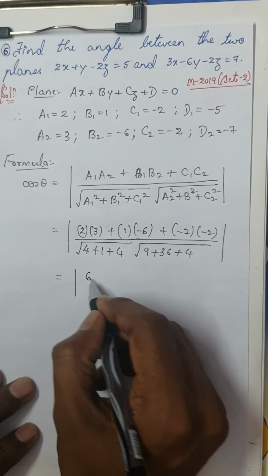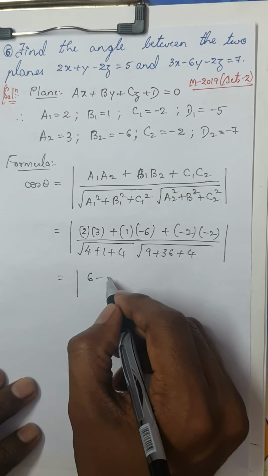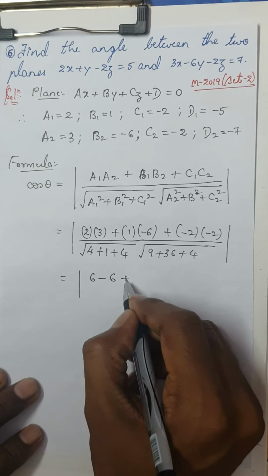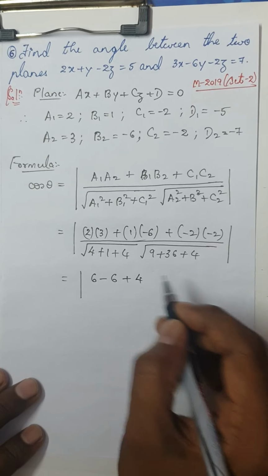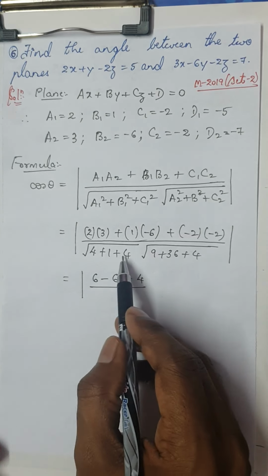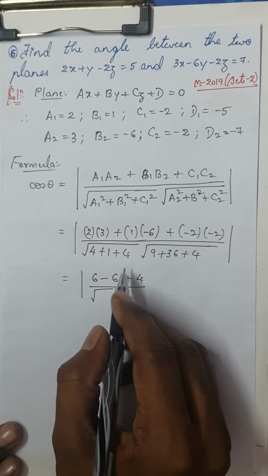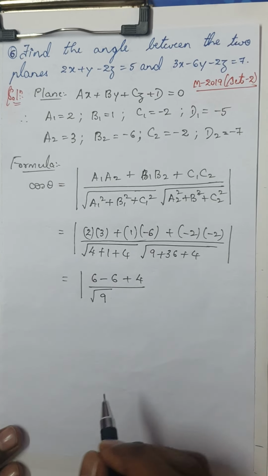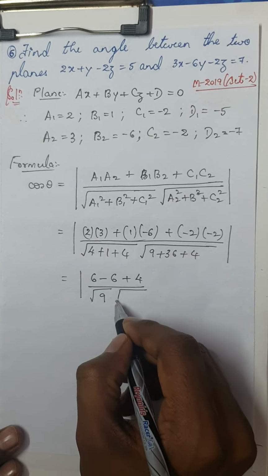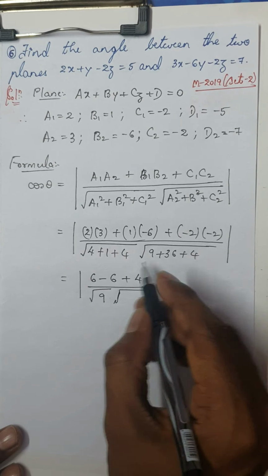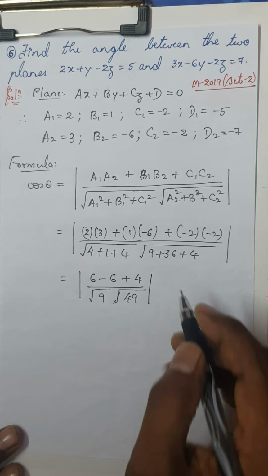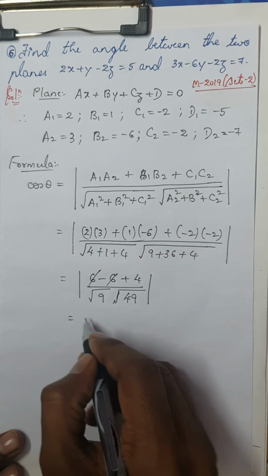So this is nothing but 2 3s are 6, 1 into -6 is -6, plus 2 into 2 would be 4, divided by root of 4 plus 4 is 8, 8 plus 1 is 9, again it is root of 36 plus 4 is 40, plus 9 is 49. So plus 6 and minus 6 get cancelled.